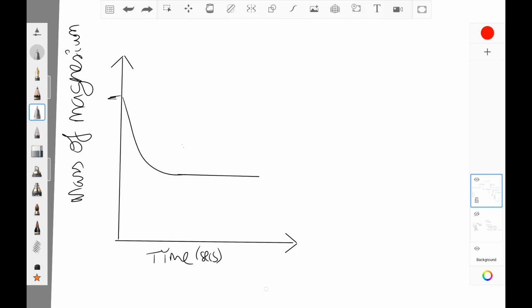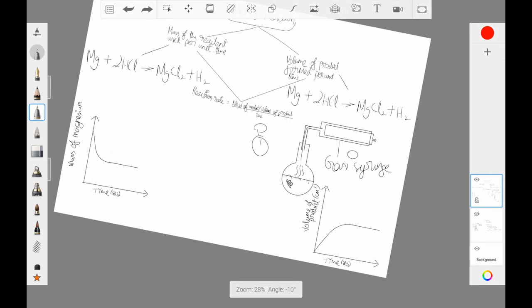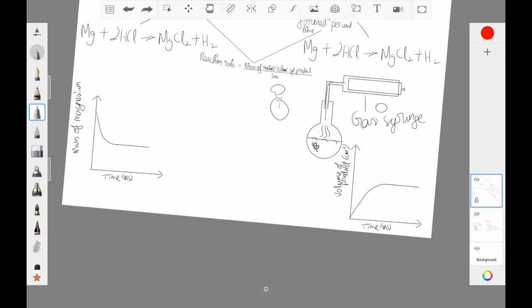There's one very important thing to note here that you can easily see by comparing the two graphs. The graph here begins at the origin because at the beginning of the experiment, before the reaction even begins, there's no hydrogen, and so the gas syringe is going to remain as is, so there's no change in the volume of the product.